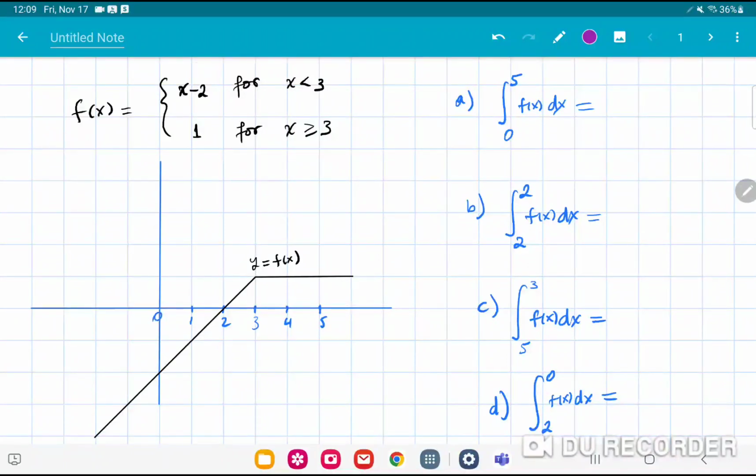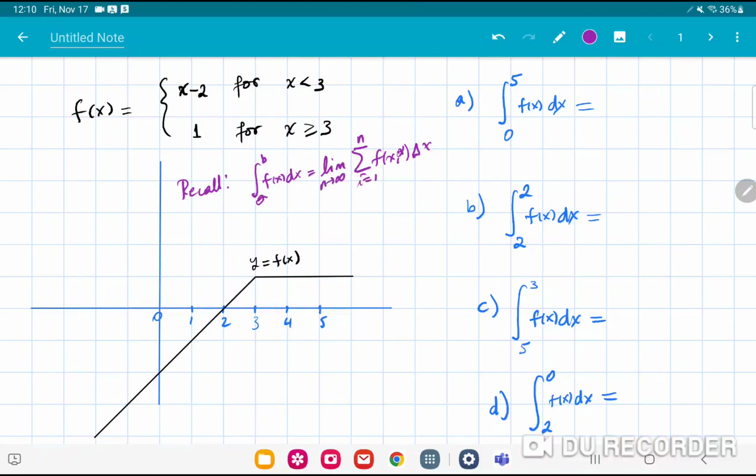So we want to calculate these integrals, okay? Just to remind you, the integral of f of x dx from a to b is actually the limit of some Riemann sum, the sum of f of xi star times delta x from 1 up to n as n approaches infinity.